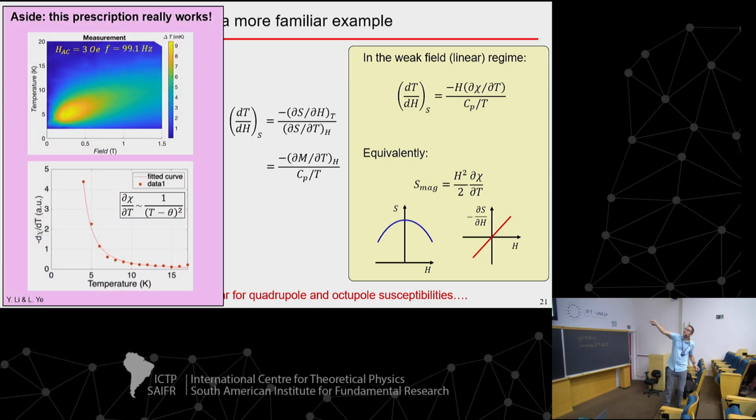As an aside, this prescription really works. So this is temperature and field, and now the color scale is the temperature oscillation for a given field oscillation at a given frequency, which is high enough to make this effectively quasi-adiabatic. This prescription asks me, this is defined in the limit of vanishing field, so I take a cut at vanishing field here, multiply by the heat capacity, and I get dχ/dT.